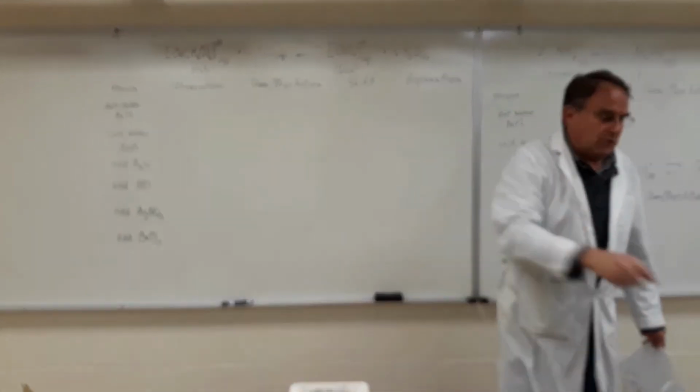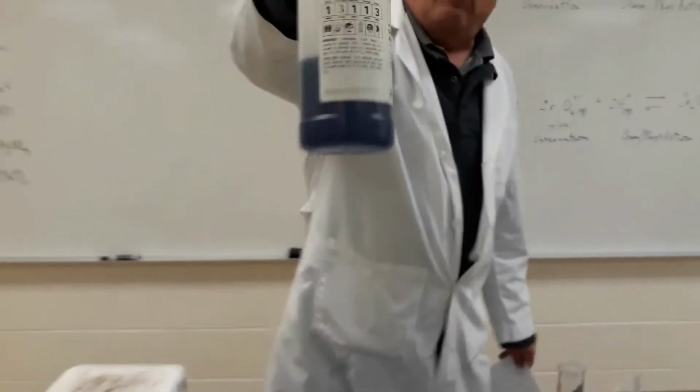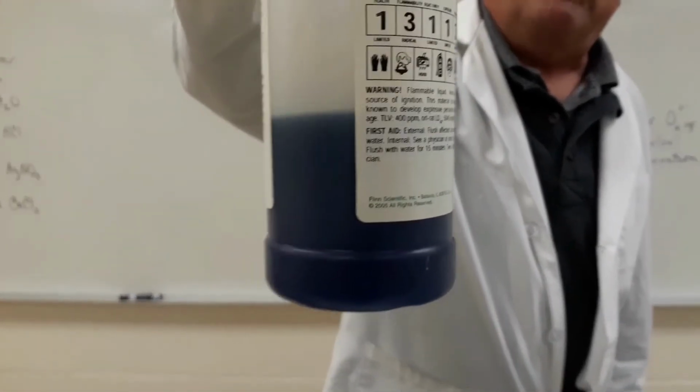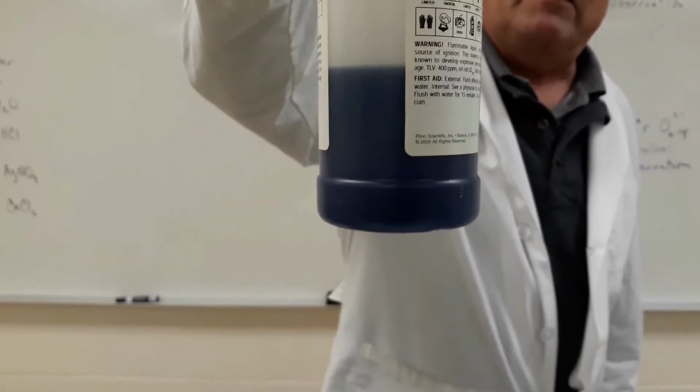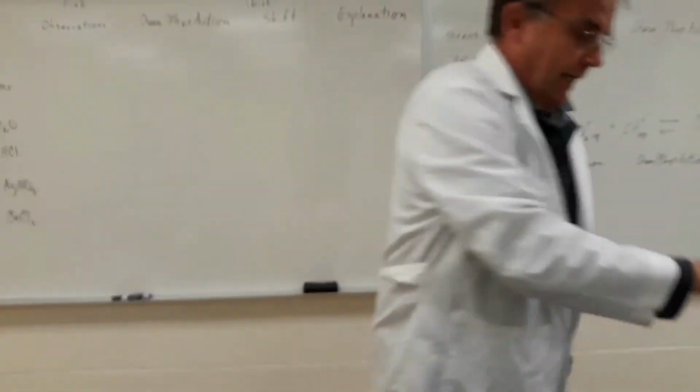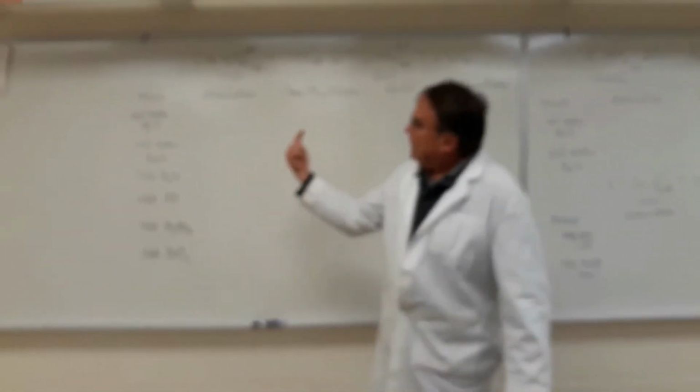Now, looking at the solution, you can tell where the equilibrium position lies at room temperature and at this concentration. Okay, it's blue, so the equilibrium lies in this direction.